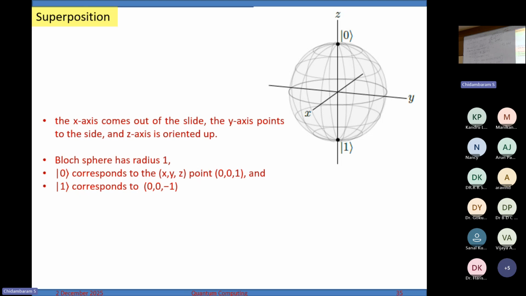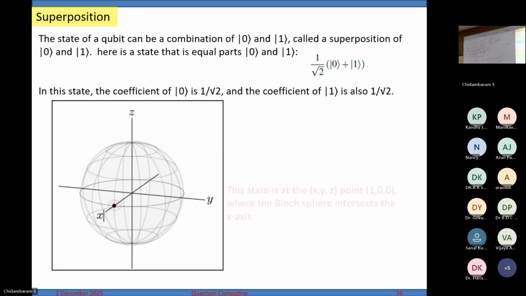But what is the difference? Phase shift. The phase gets shifted. That's the difference. So we saw the Z axis, then you have an X axis. Imagine that you have a point here. What is that point? 1, 0, 0, where on the Bloch sphere that point intersects the X axis.